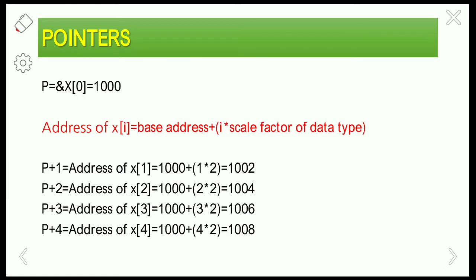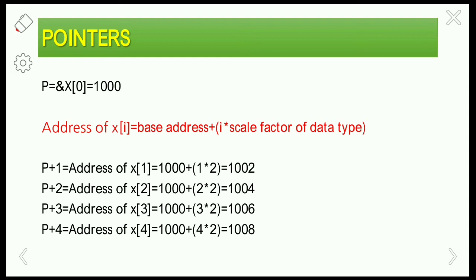For that we have a formula here: address of x[i] equals base address plus i into scale factor of the data type. Here i denotes the index value, so base address plus the index value into the scale factor. Now the scale factor depends on the machine.